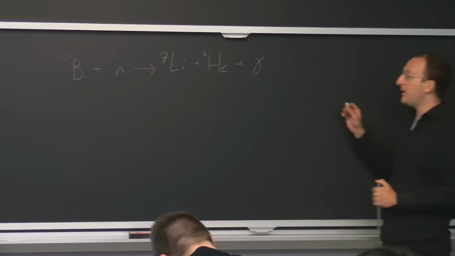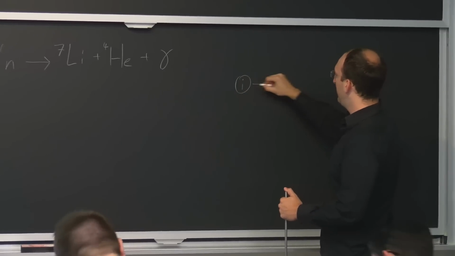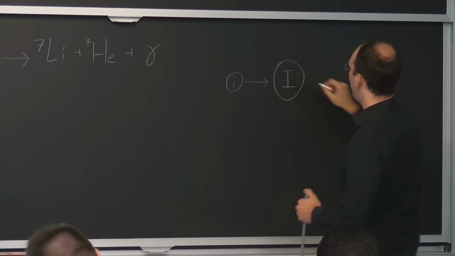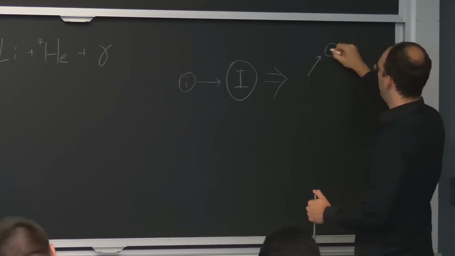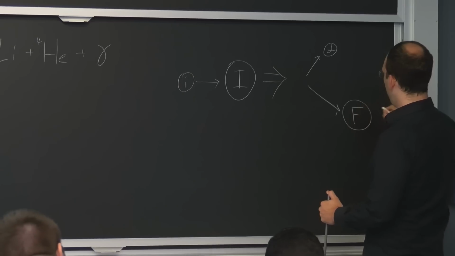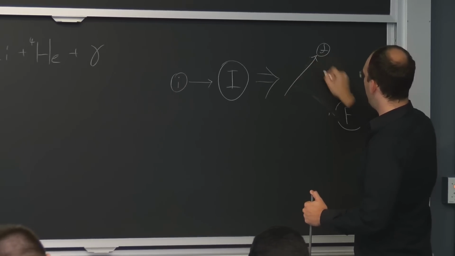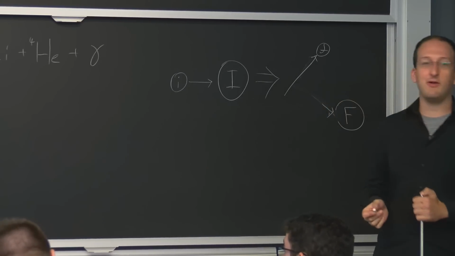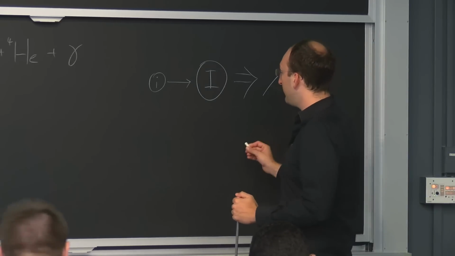If you remember, if you have a general system of, let's say, a small initial nucleus i firing into a larger nucleus capital I, after the reaction, off comes some small final nucleus and some large final nucleus. If I were to draw these arrows to scale, the little one would probably be moving faster. Then we can figure out how much mass and kinetic energy each of these nuclei have by just conserving everything.